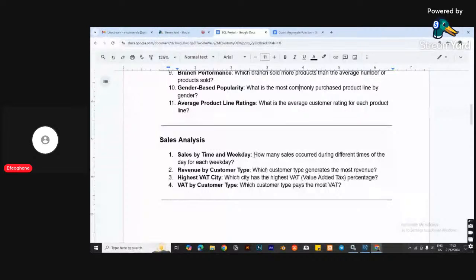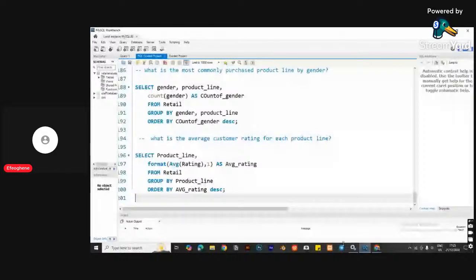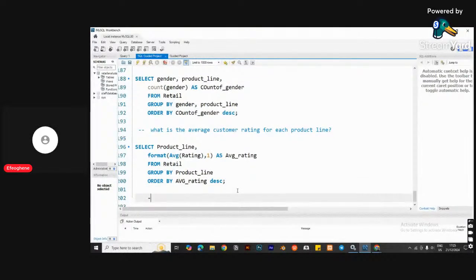I'll copy this, and I'll come over to my workbench. I can call this sales analysis.